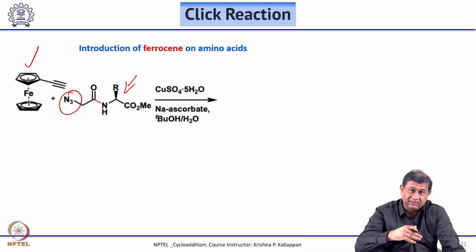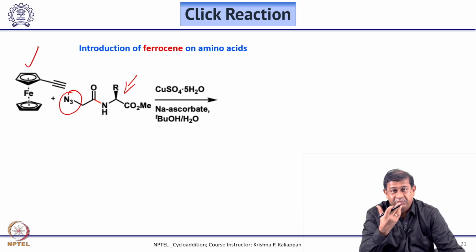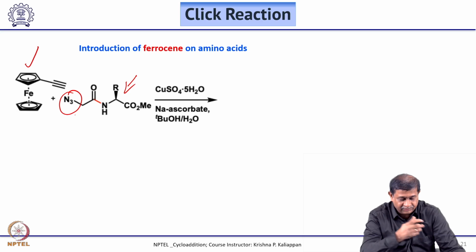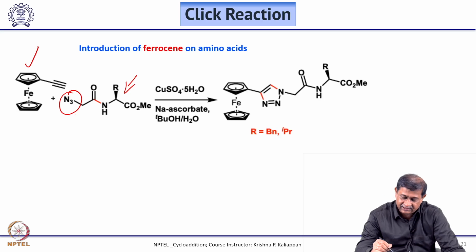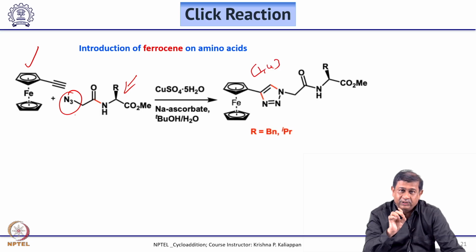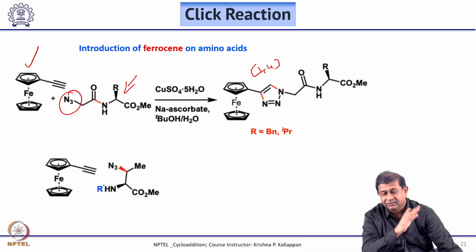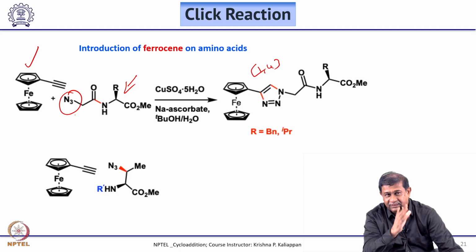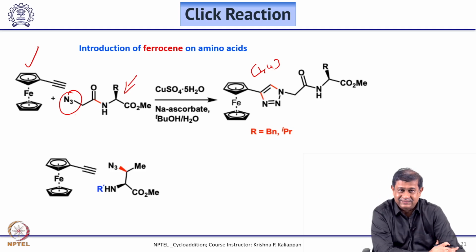When you do the same thing on amino acid, then you can extend this to peptides. Okay. So this is quite simple and straightforward to get this 1,4-triazole. These 1,4-triazoles can be a good linker between the corresponding organometallic compound, that is between ferrocene and amino acids.